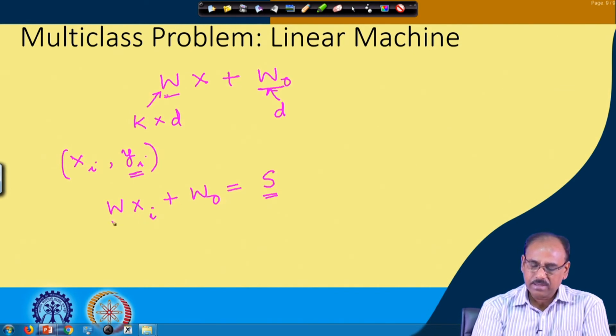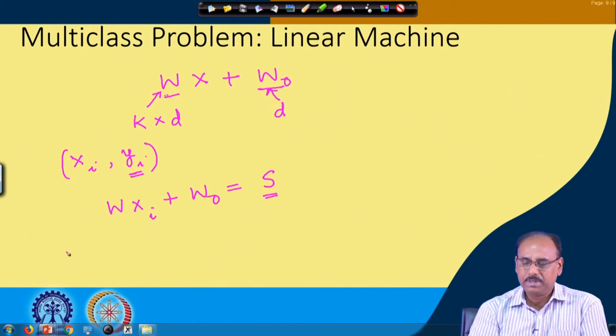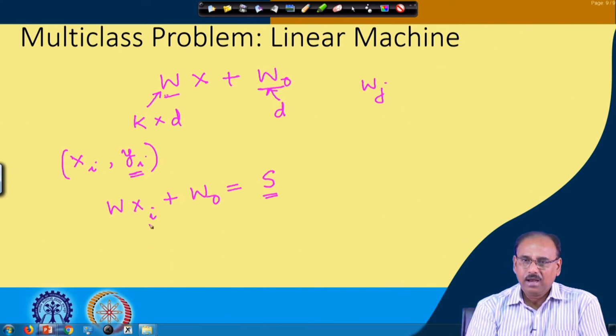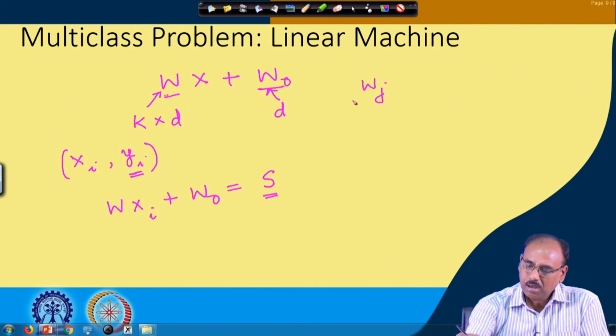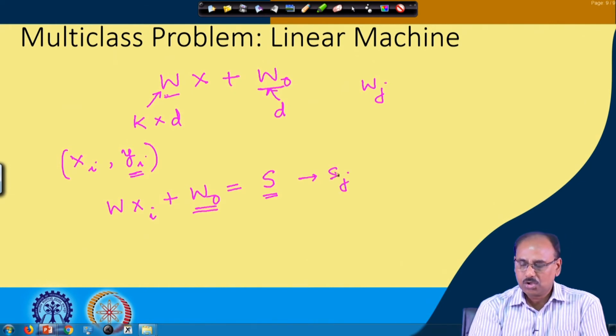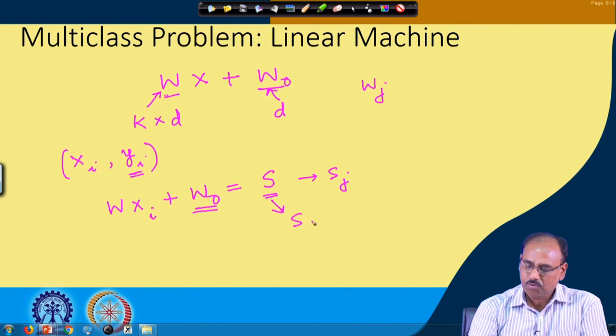Here what you are computing is multiplying x I with every row of W. So, if I take the jth row of W to be W j, you take the dot product of x I with the jth row of this matrix W and add to that the jth component of your bias vector W naught to give the jth component of S, or S j. So, we call this S a score function.